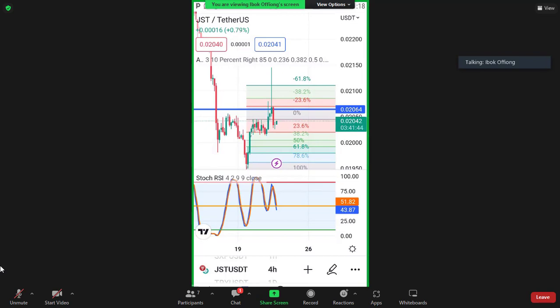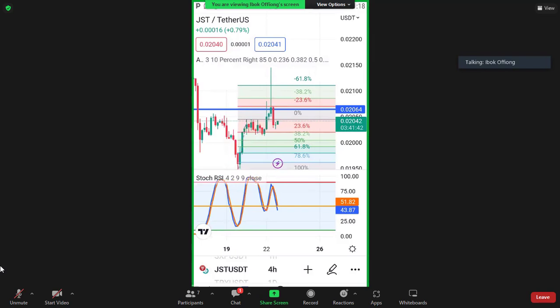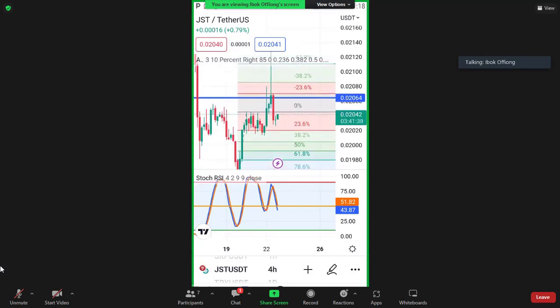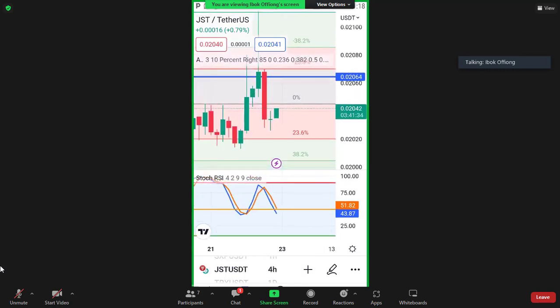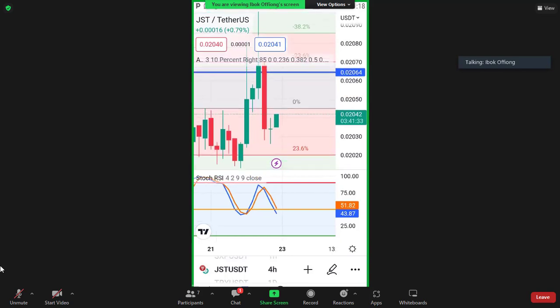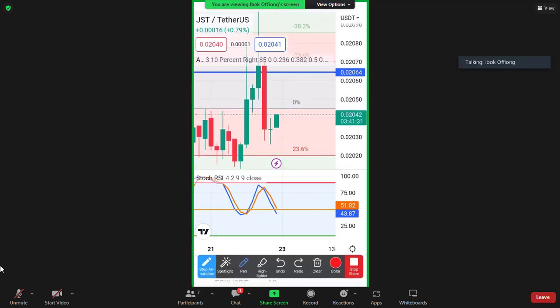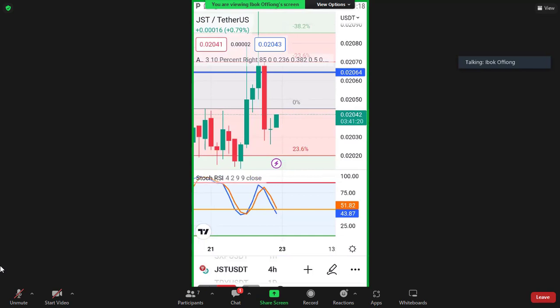You can see in this case that the buyers are in charge. The current candle forming is a green candle.